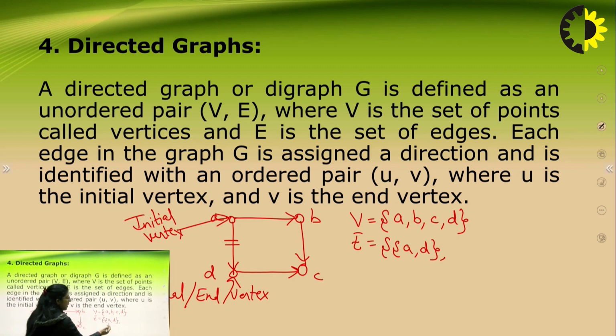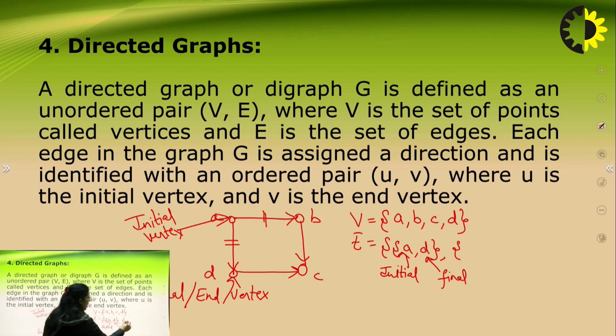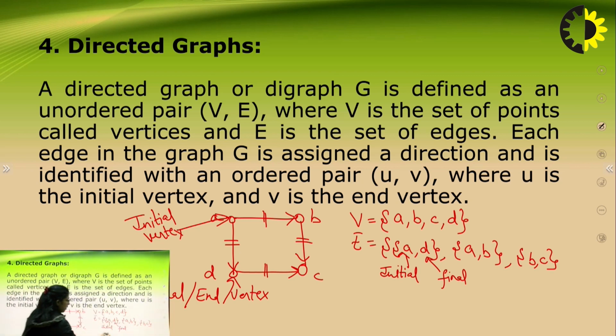We always write the initial first, then the final vertex. Similarly, for this edge we have A, B. Then for this edge, it is B, C. And for the last one, we have D, C.